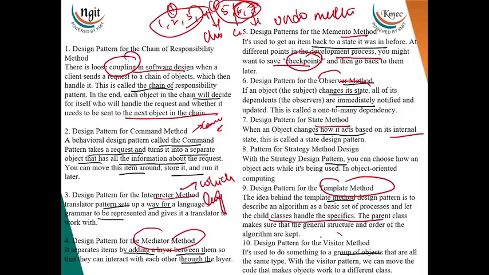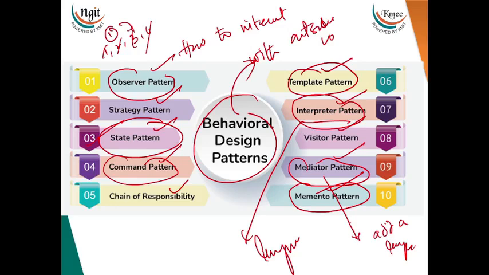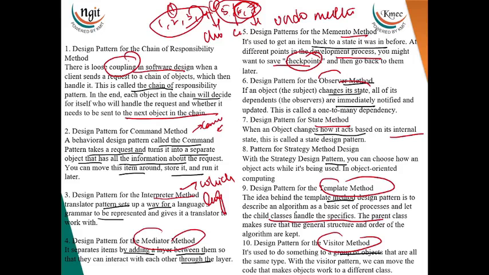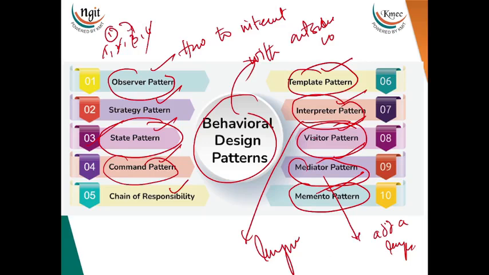Design pattern for the visitor method. What is the visitor method? Where is the visitor method? Yes, it's here. It is used to operate on a group of objects that are all of the same type, and they want one operation to be applied. Let's take an example: you go to the exam branch, you want to pay the fees, and all these operations come up.